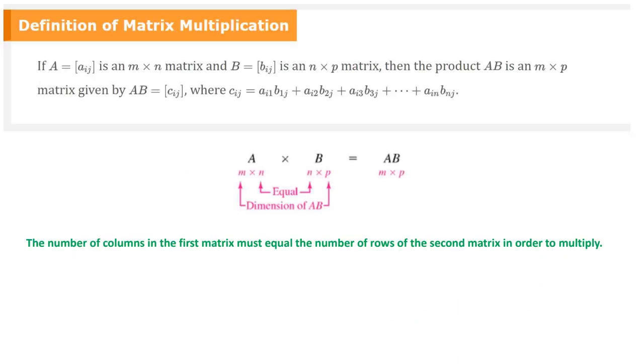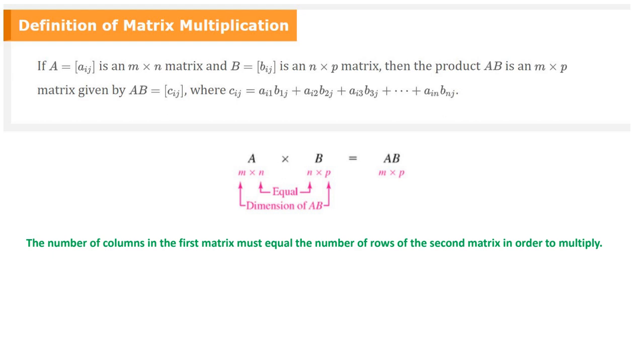So now that you know how to do addition and subtraction of matrices, let's go ahead and do another basic operation, which is called matrix multiplication. Okay, so matrix multiplication is a little bit more complicated. Okay, so this is a process. Before we do the matrix multiplication, we need to verify one thing.